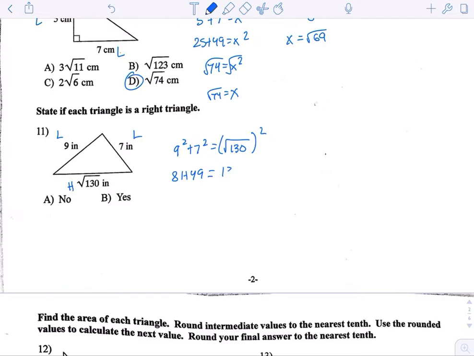So all we're left with is 130. So let's see if this is true. 81 plus 49 is equal to 130. This is a true statement, which means that is a right triangle. So it's yes. If those did not equal each other, you guys, if you use Pythagorean theorem and it doesn't equal each other, then it would have been no.